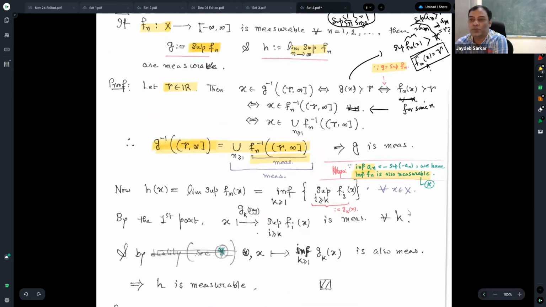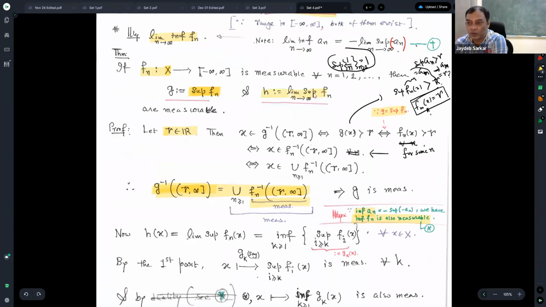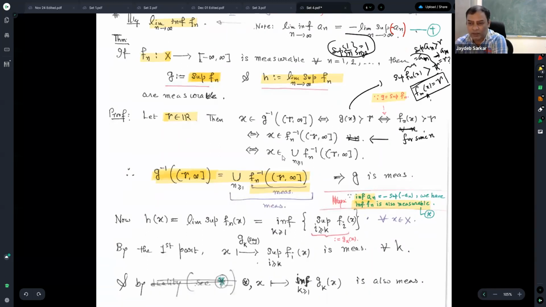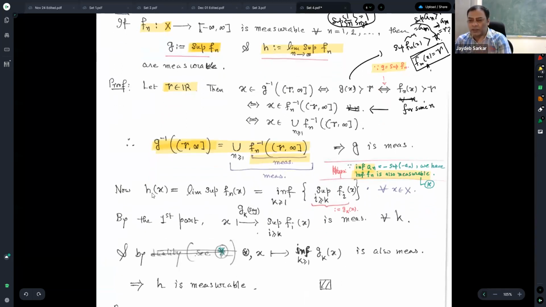Now, once you know sup and inf both make sense, you go to the second part, the lim sup of Fn. Look at the definition: h(x) is lim sup of Fn(x), and by definition this is nothing but the inf over k of the sup of Fi(x), where i ranges from k to infinity for every fixed k.